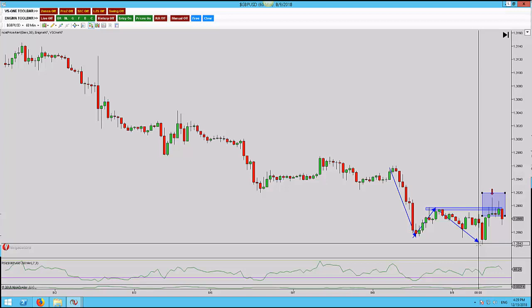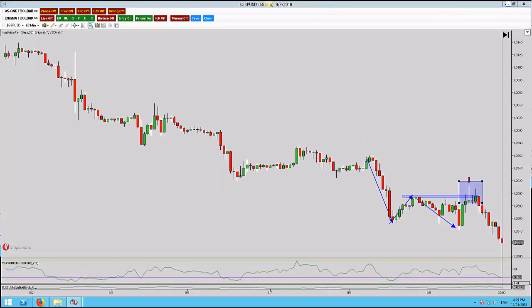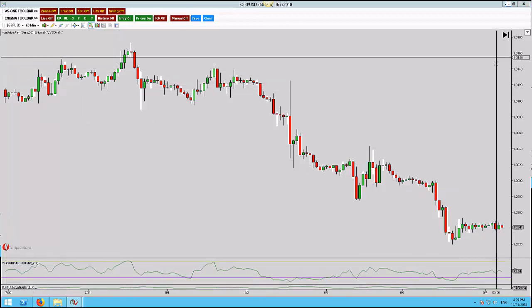I'm going to play for a retest of the lows minus a couple of pips, and let's just check out the daily. We have made a new low on the daily time frame, and I can expect price to come down to 127.84s for second targets.